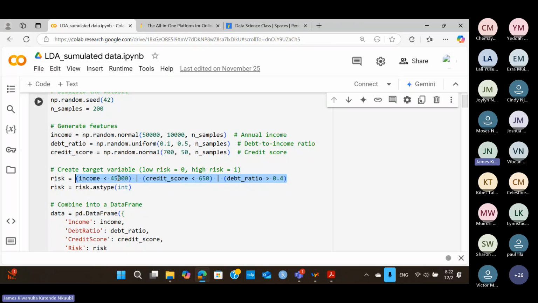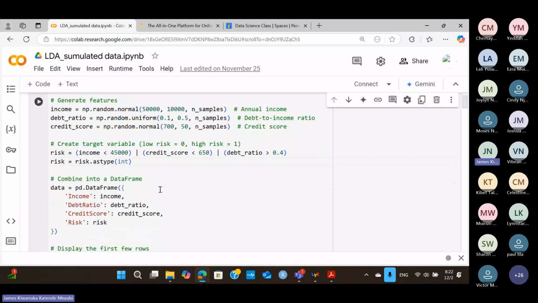But since this is a logical, Boolean, it will give us true and false values. We want them as ones and zeros, so we convert it to integers in the next line. You can print this later on to see the outcome. After you run this first risk line, print it so that you can see it's actually only true and false values. But we prefer to label them as ones and zeros, so we convert that to integers.